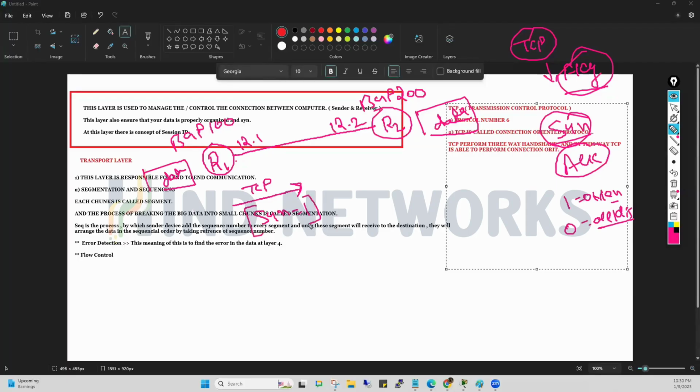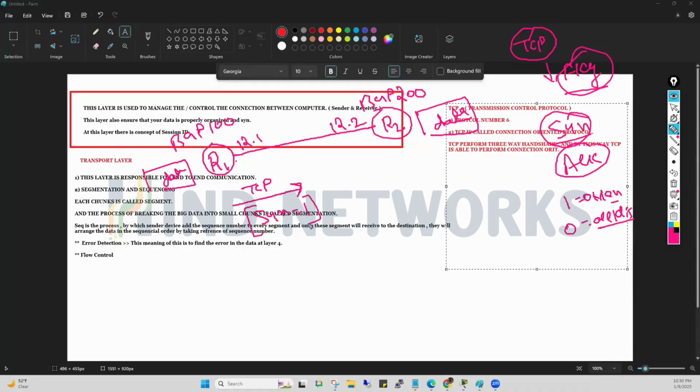Clear? And in the TCP header, there is a concept of port number. I told you at the application layer, whatever protocols and services you are using, for every service there is a port number. Right? Why is there a port number?